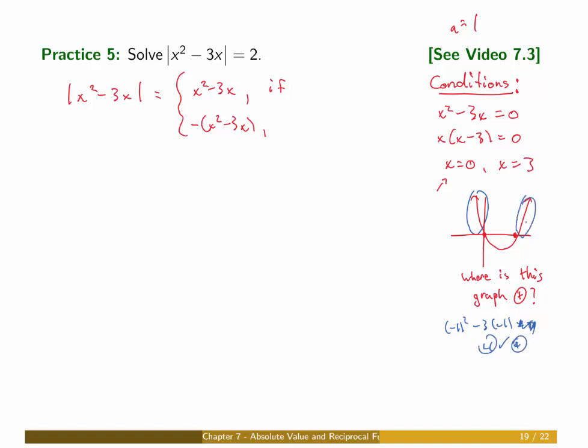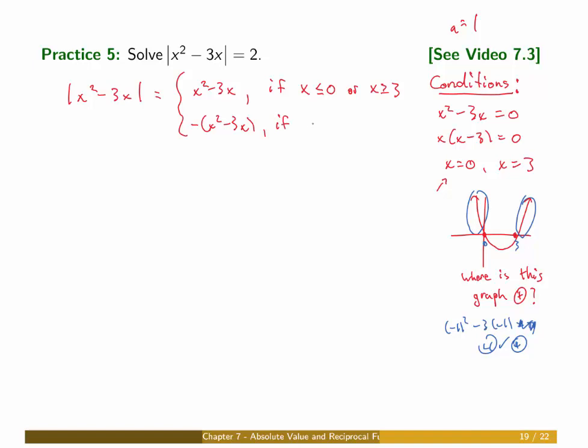And your other positive value is when x is greater than 3. Remember, this is 3, that's 0. And it's negative in between. So your condition is when x is less than or equal to 0, or when x is greater than or equal to 3. Remember, 0 is included, that's when it's 0 or positive.